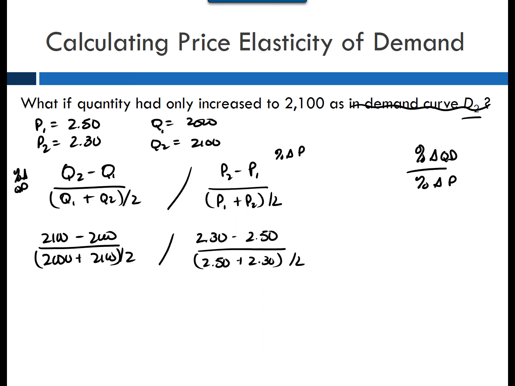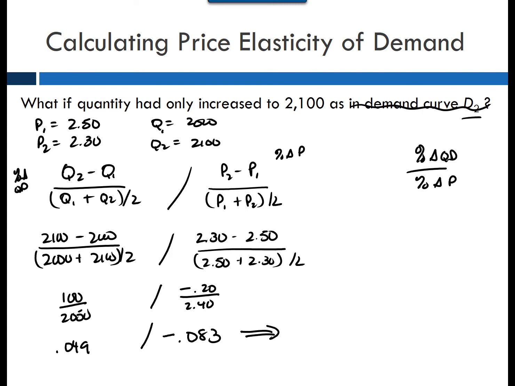So for the quantity, I have 100 over 2,050, the midpoint there. That gives me 0.049. And then this is the same as it was before. So that's negative 20 cents over the average, $2.40, so that is negative 0.083.